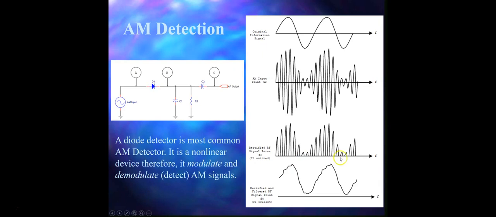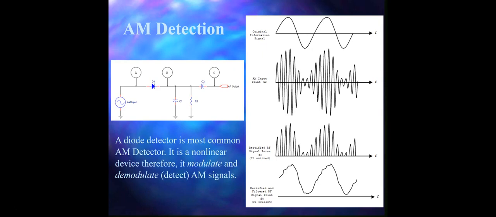In the positive half cycle we have this signal being passed over here, and that's what we see at test point B. This signal consists of a modulated AM carrier signal, sidebands, the information frequency, and a DC level.